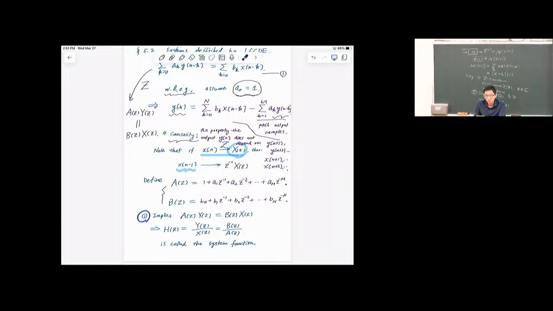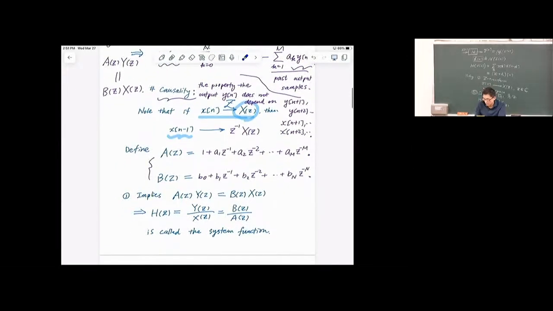Equation 1 implies that AY equals BX in the Z domain. So therefore let's define H of Z as Y divided by X, and Y divided by X now equals B divided by A in the Z domain.